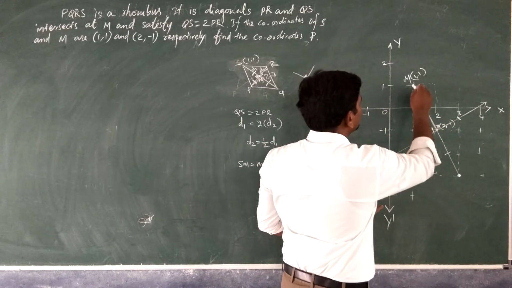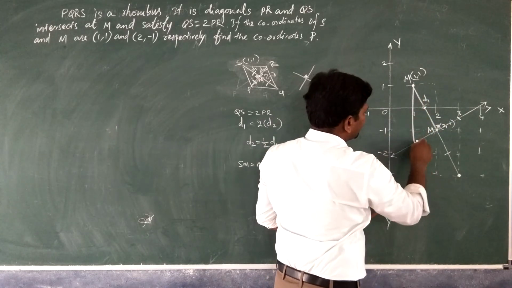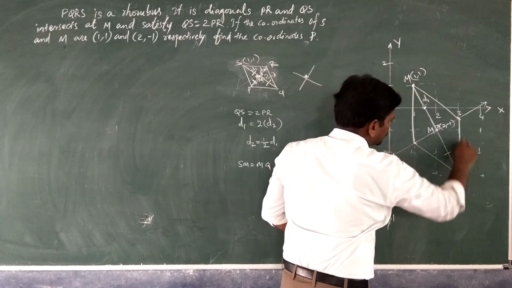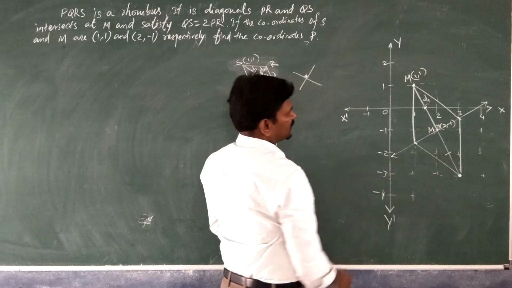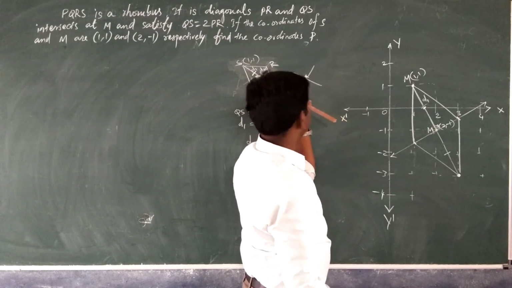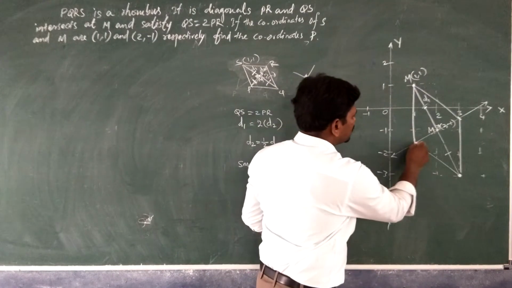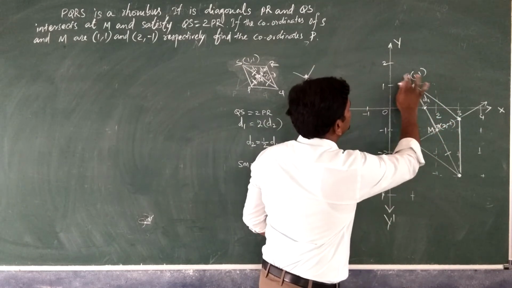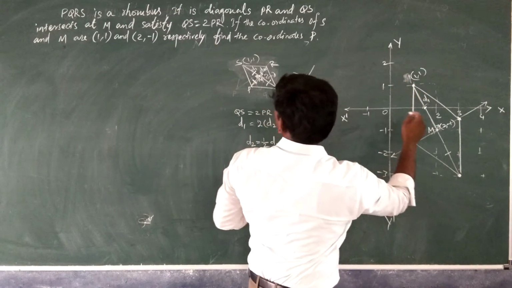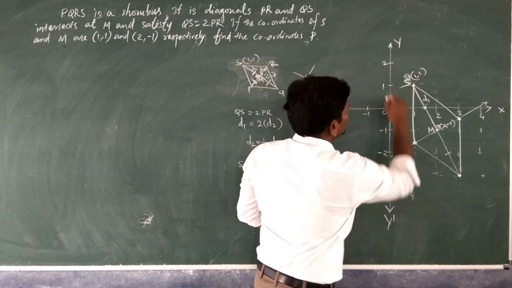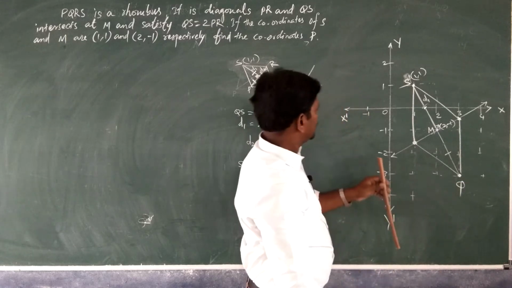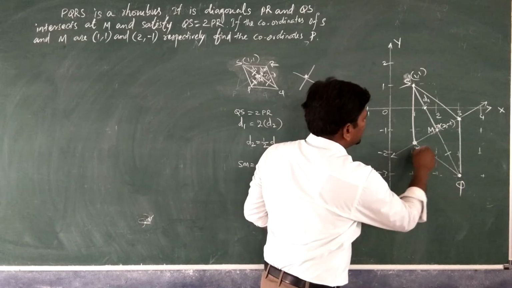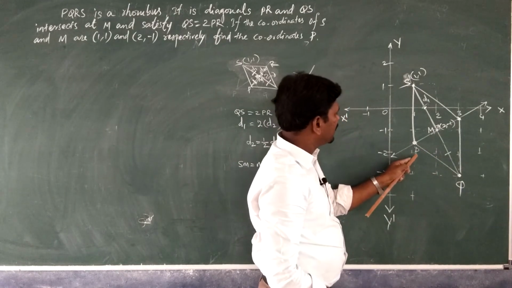So this is the rhombus. This is not M. 1 comma 1 is S. This is Q. S, M, Q. Then the vertex P is here.